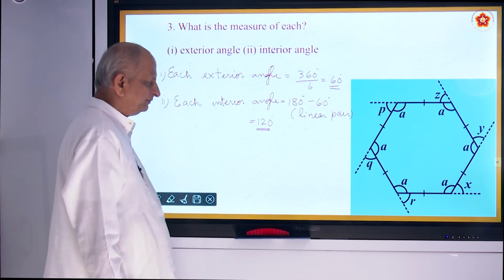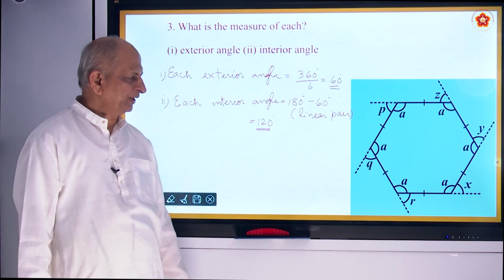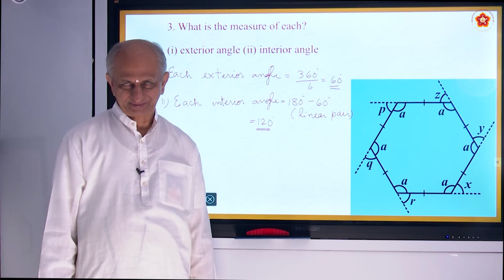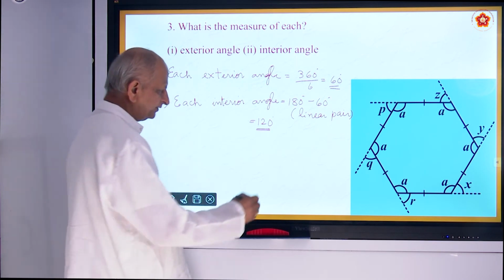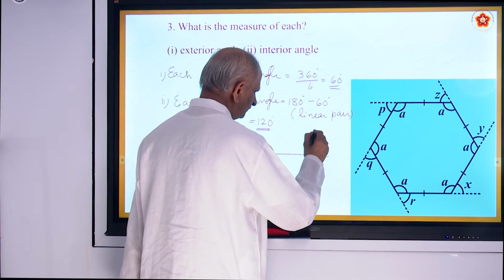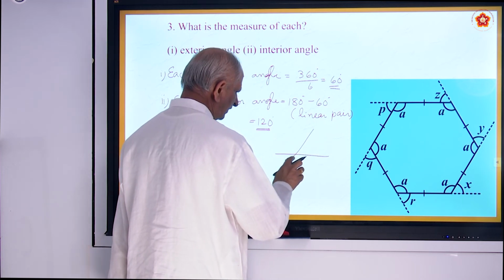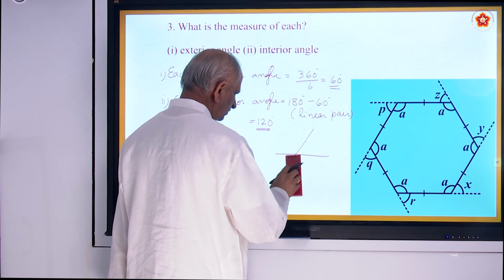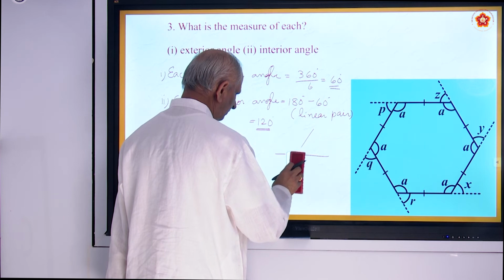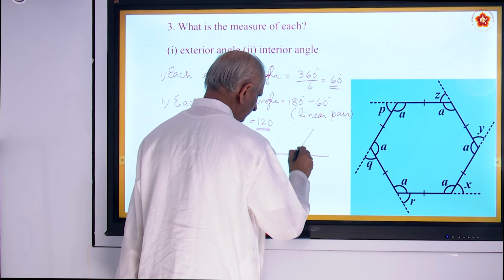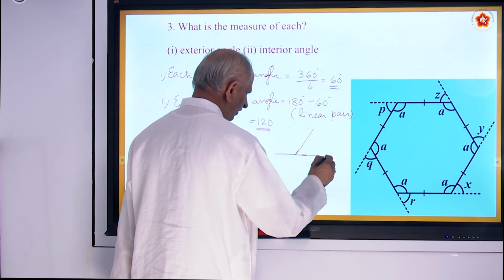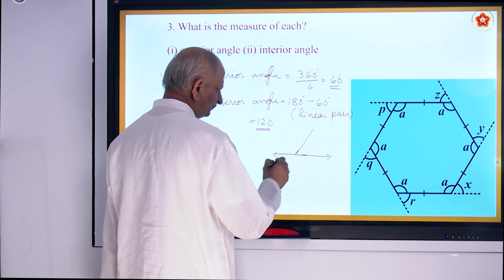What is a linear pair? The sum of the two angles is 180 degrees because they are adjacent angles. When a line segment stands on another line, the sum of the adjacent angles will be equal to 180 degrees. This you already studied in the previous class.